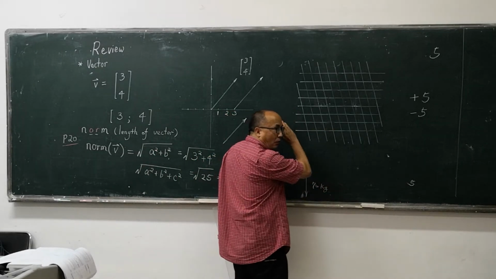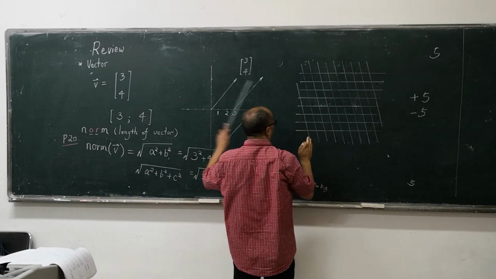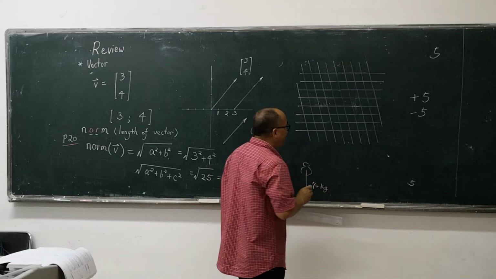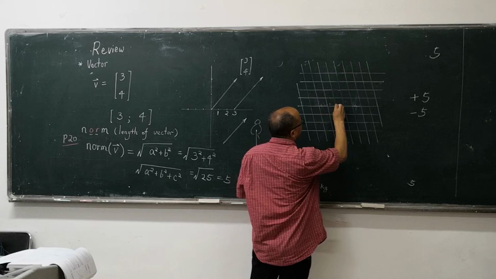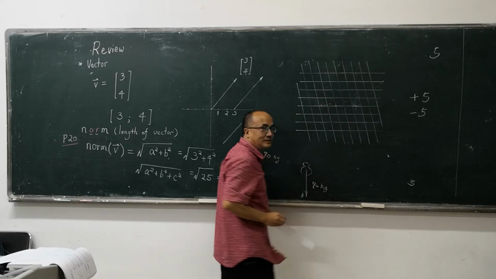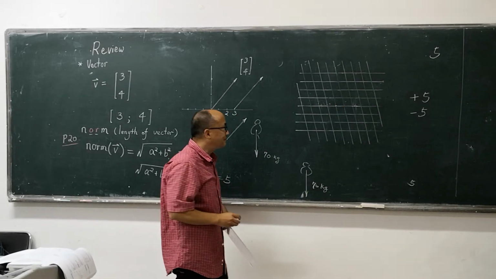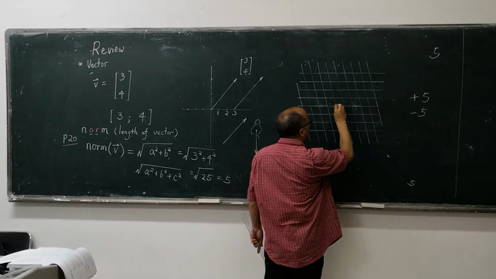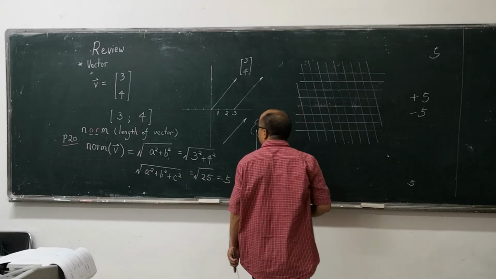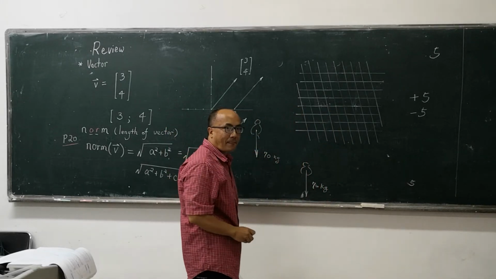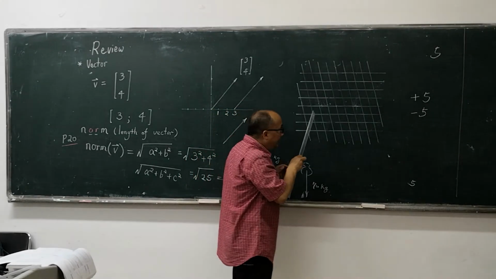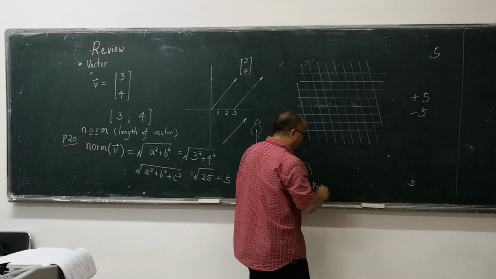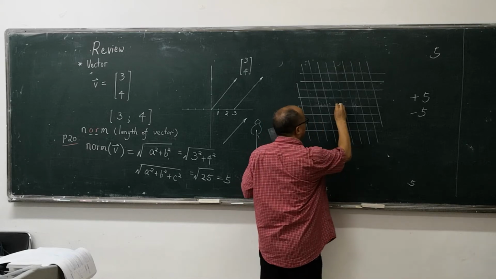Okay, to draw this vector on this grid, you can start from any point. Let's say start from here. How to draw 3, 4? How to draw this vector? Positive 3 is going right side.